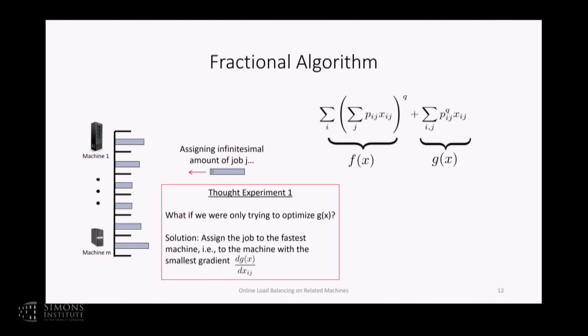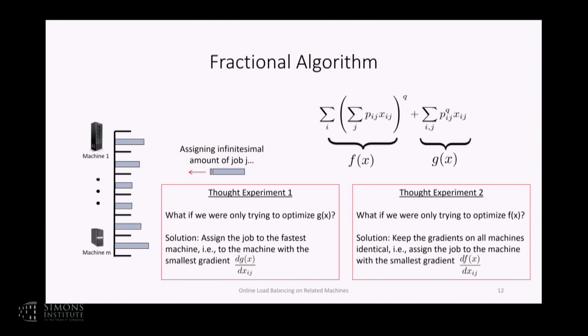Because if my derivative becomes unequal in two machines, I can move a little bit of a job from the higher derivative to the lower one, and that will improve my overall objective. So the right strategy, if I only had the first term, is to somehow keep the derivatives equal. Which again, you can think of as assigning incrementally to the machine that gives me the smallest derivative on the first term. So for both these terms individually, I should really be assigning that infinitesimal job to the machine that gives me the smallest derivative.